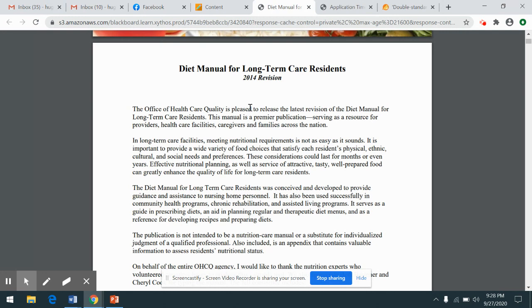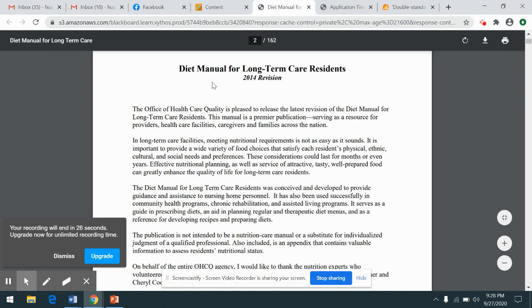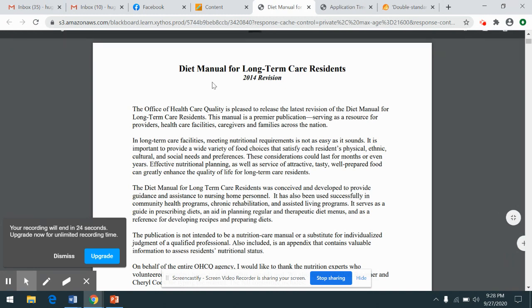This is important for when a nutrition professional is not present on site. So say, for instance, you work in a long-term care facility and your gig is Monday through Friday, 8 to 4:30. The other professionals working there will need access to nutrition information for evening new admits, weekend, holiday.